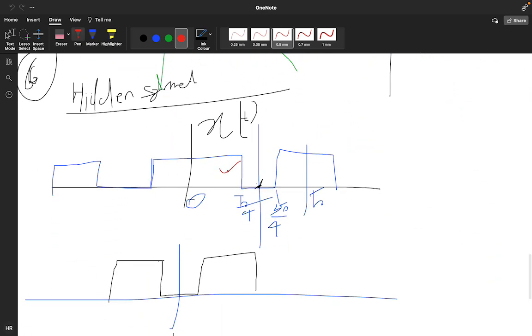How can we do this? Suppose this value is 1. We will subtract from this signal, something like this, as we are making it.